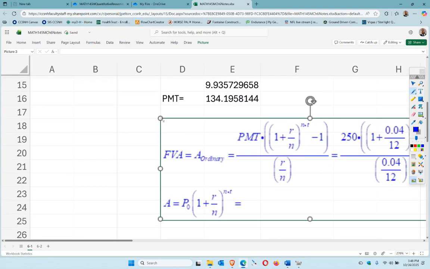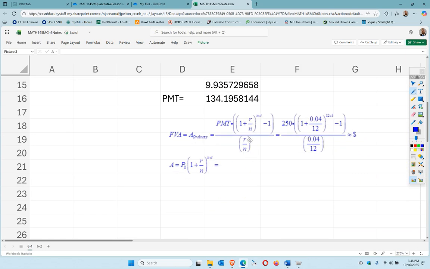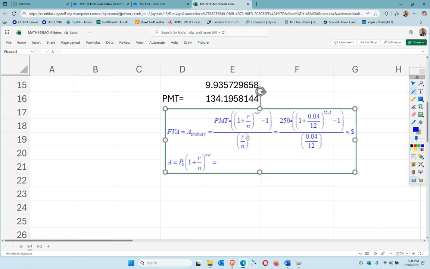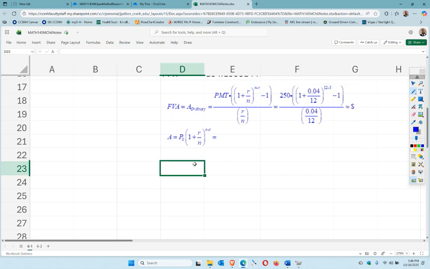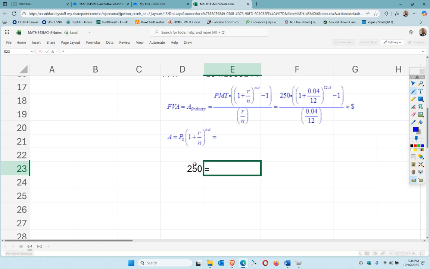Okay, and I'll attach the spreadsheet to the lesson so you can look at it. So I think I'm going to do the 250 here. No, I'm sorry, equals 250. And then equals, parentheses, 1 plus 0.04 divided by 12, to the power of 12 times 5, and then minus 1.